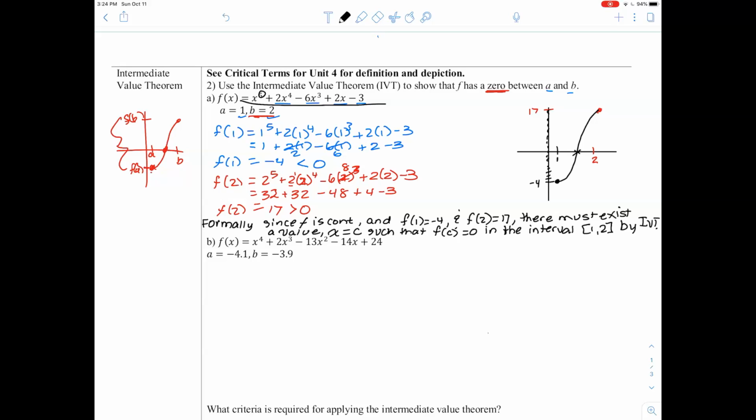So formally, that's how you would write that solution. You would have to write all of that. But for pre-calc, here's what I'd like to see.